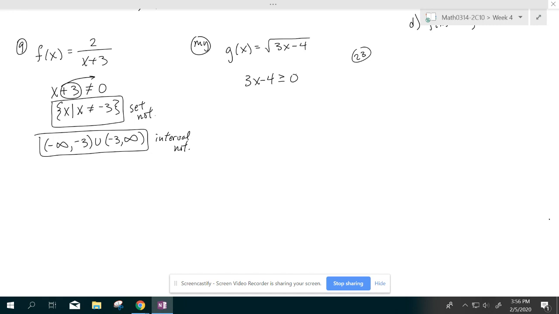Then if I solve that for x, I'll know what x has to be. 3x is greater than or equal to 4. Divide both sides by 3. x is greater than or equal to 4/3.